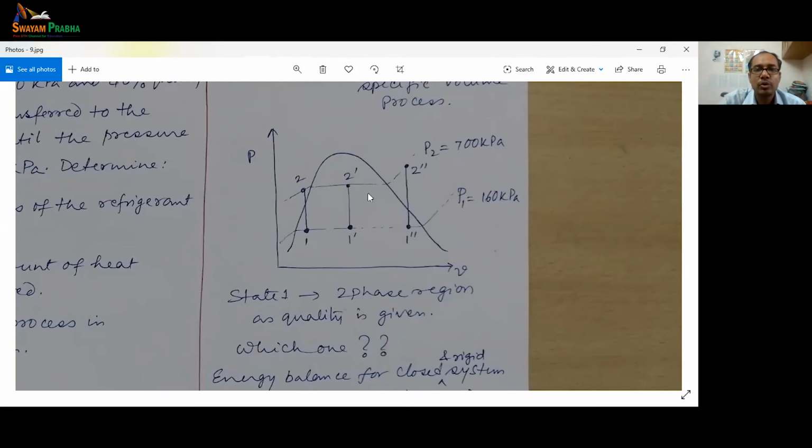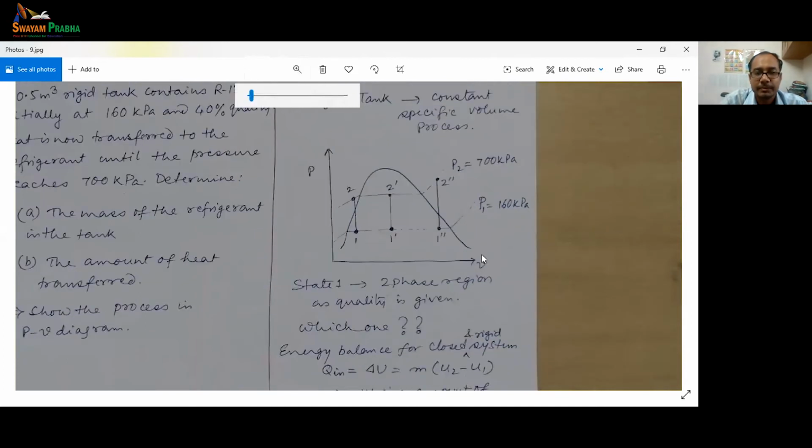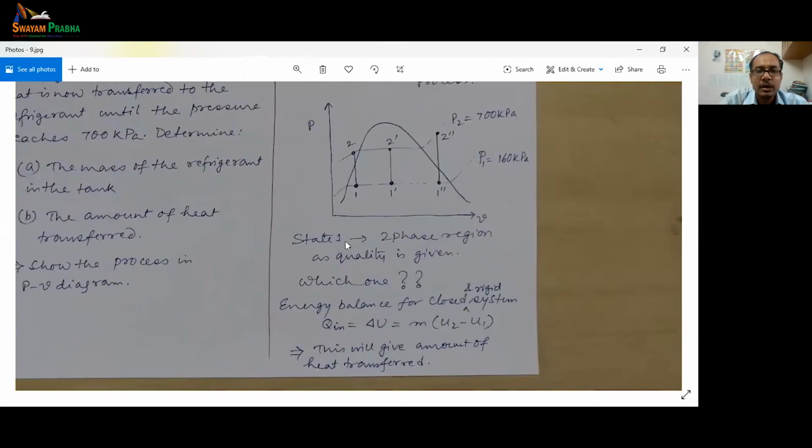Now we don't know whether it is compressed liquid, whether it's two-phase region, or whether it's superheated vapor. Okay, a priori we don't know. For that we have to find a few values to check where we lie. Now state 1 is two-phase region, quality is given, but which one do we have to follow? 1 to 2, or 1 prime to 2 prime, or 1 double prime to 2 double prime?